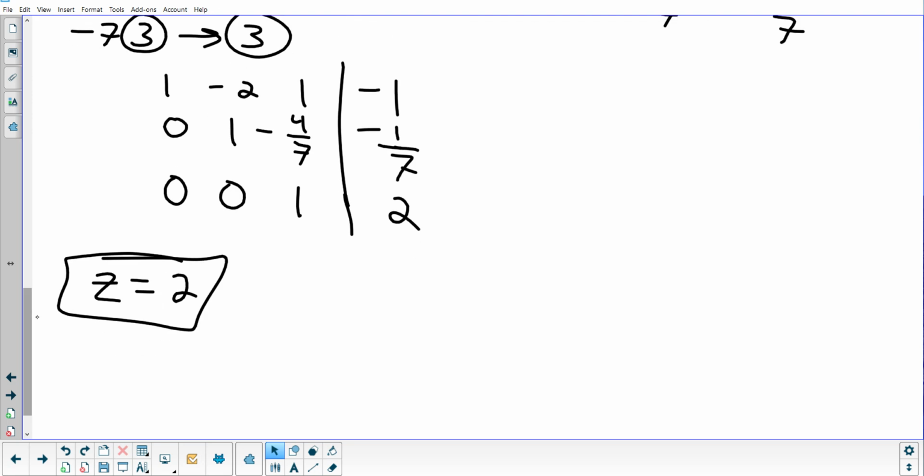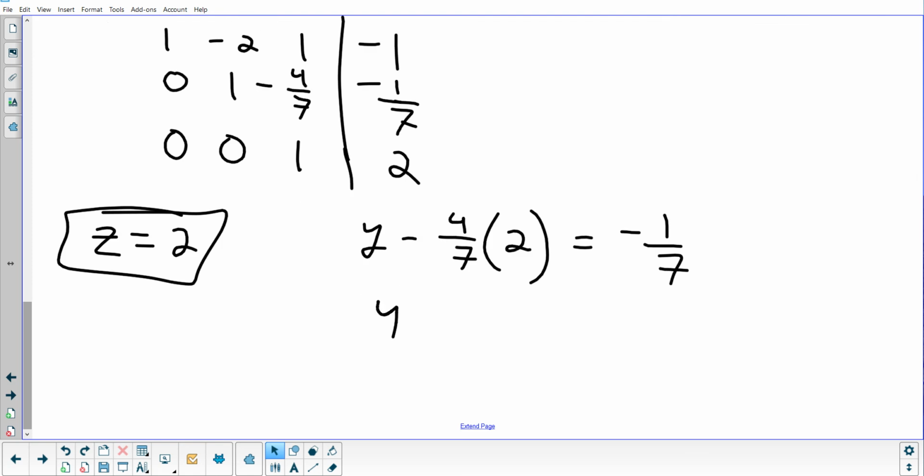Now, we're going to use substitution to get the rest. Okay, but we're done changing the matrix. What does this second equation tell me? Y minus 4 sevenths z equals negative 1 seventh. So y minus 4 sevenths times 2 equals negative 1 seventh. So let's solve that.